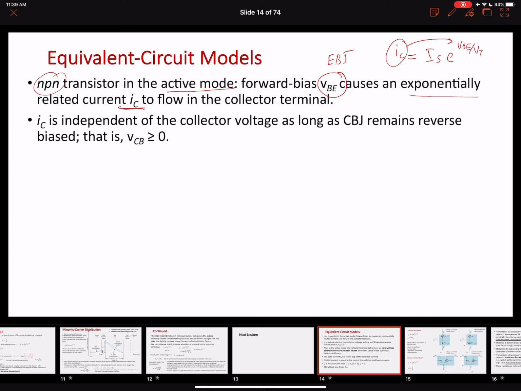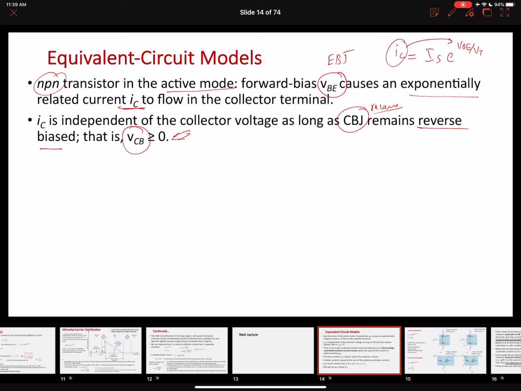Another important thing we realized is that since our collector to base junction is reverse biased, our collector current is completely independent of the biasing voltage that we apply at this junction. The collector to base junction is reverse biased when this voltage value is greater than 0, again assuming the PN junction to be an ideal model.